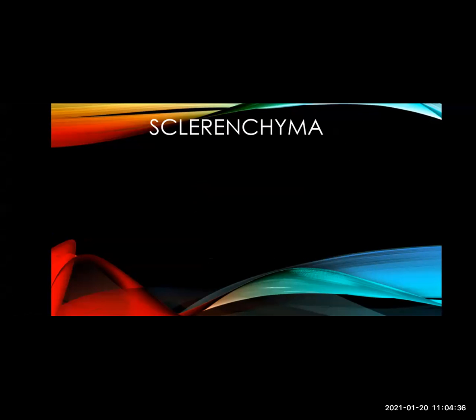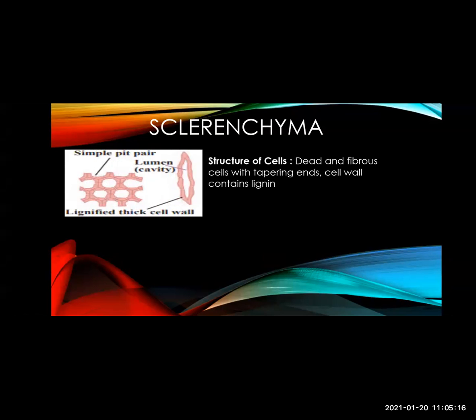Now, the third tissue type is sclerenchyma. These are known as dead cells or dead tissue because the cell wall is made up of lignin. Lignin is a kind of protein which is hard in nature. These cells are specifically elongated and tapering at the end, spindle shaped. As we have studied the spindle shape in the smooth muscle, similarly, these sclerenchyma cells are also spindle shaped.